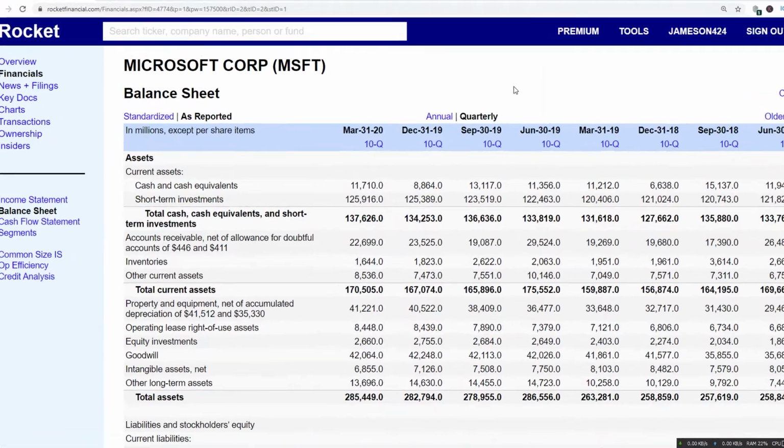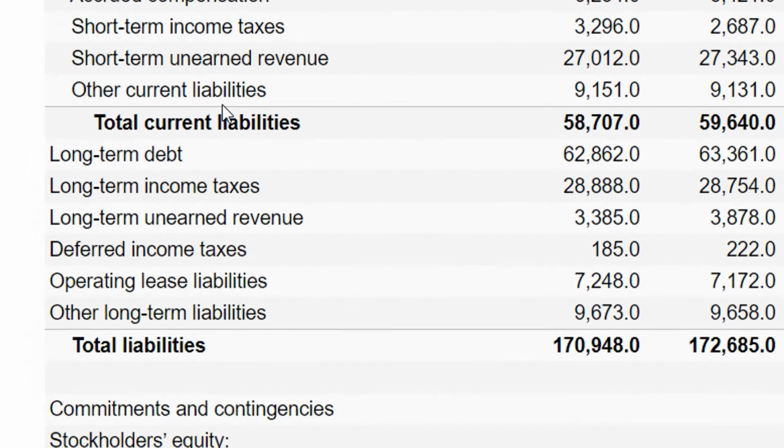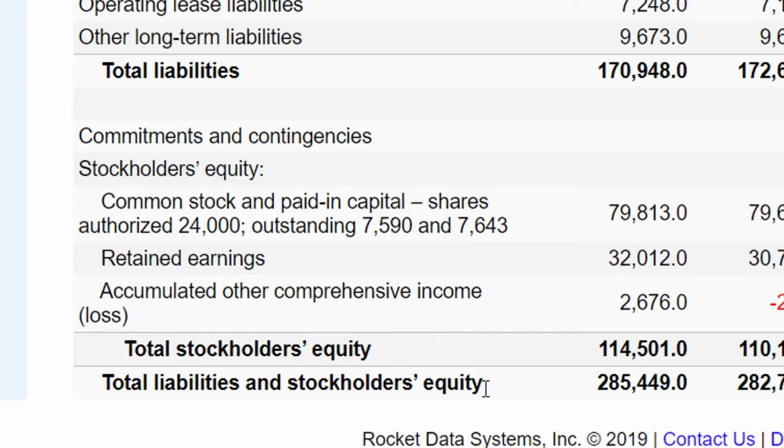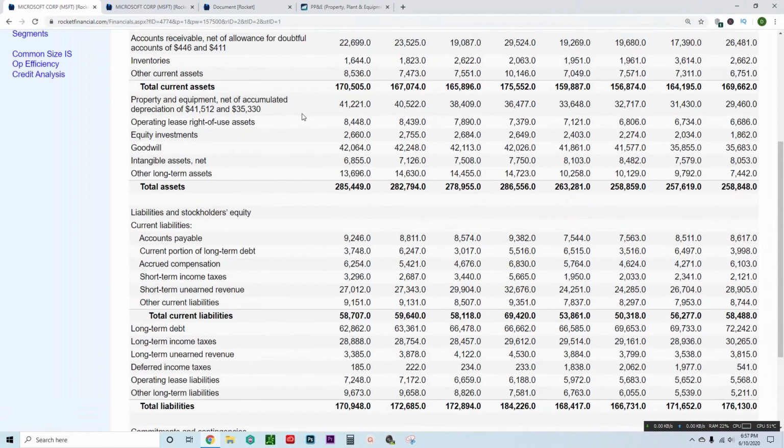So if you look on the balance sheet, you have total assets, which equals 285,449, and you have the combination of liabilities and stockholders' equity, which equals 285,449. So you notice those two things balance. They should balance. That's why it is called a balance sheet.